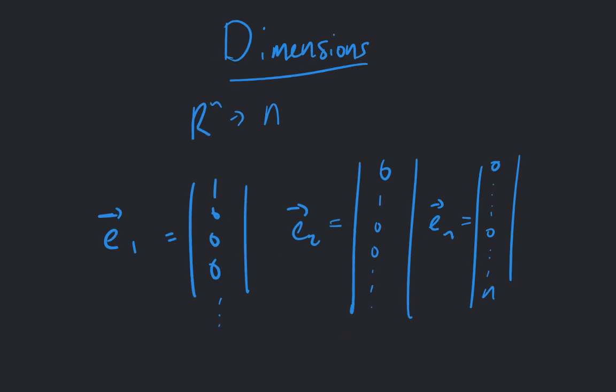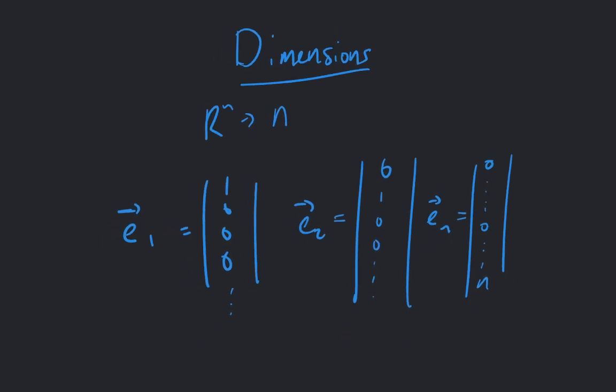So for 2-dimension, 3-dimension, 4-dimension, 5-dimension, etc., these basis vectors are just 1, 0, 0, 0, or 0, 1, 0, 0, or 0, 0, 1, 0, or 0, 0, 0, 1, etc.